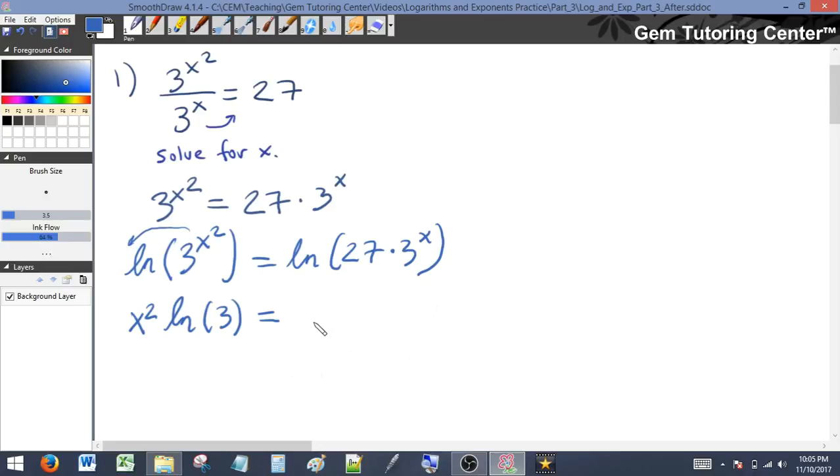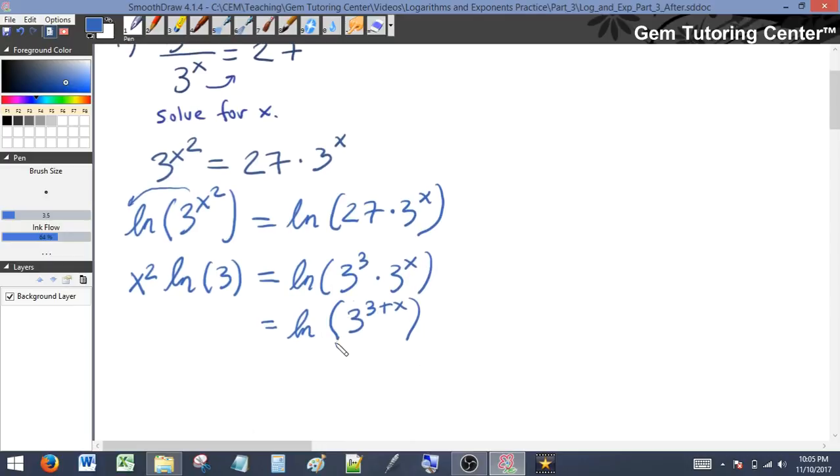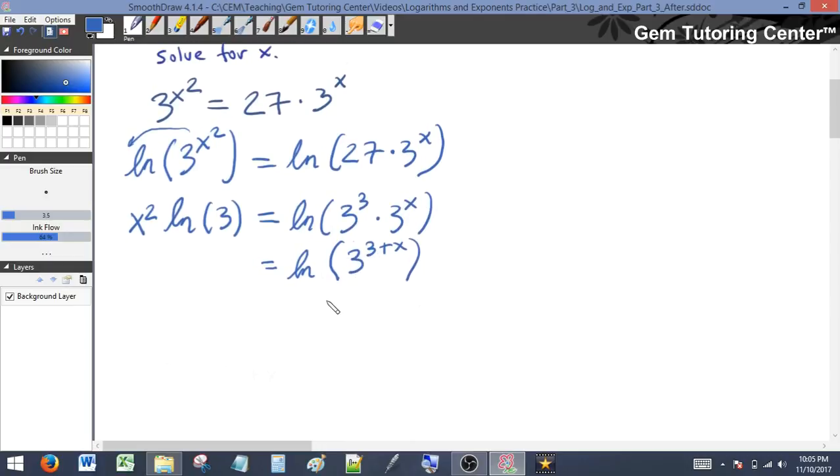Looking at just the right side, let's rewrite this as ln of 3 cubed times 3 to the x. And that is the same thing as ln of 3 to the 3 plus x, because these have the same base, the exponents add.